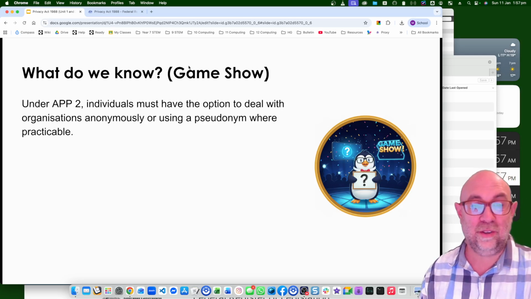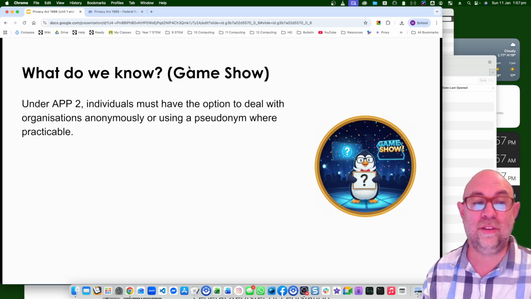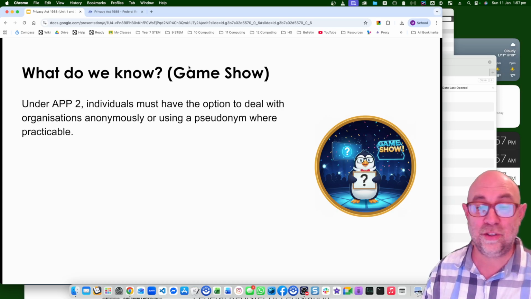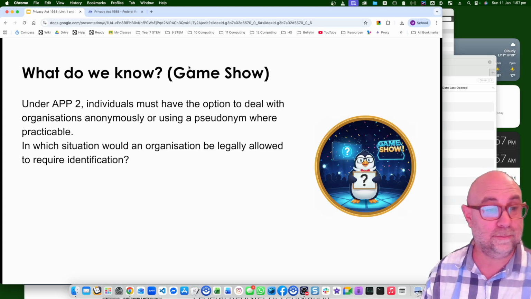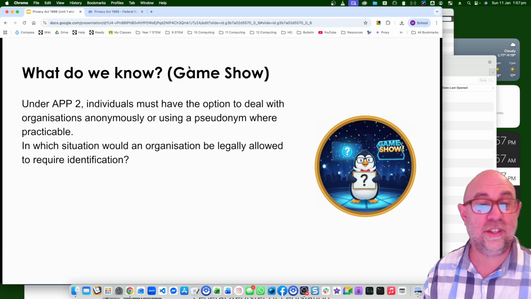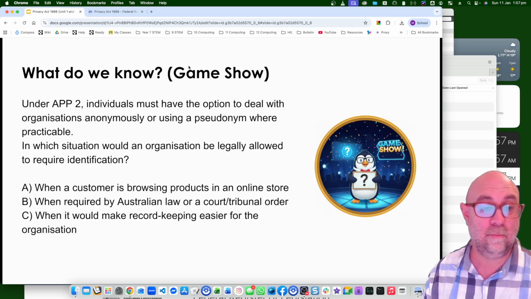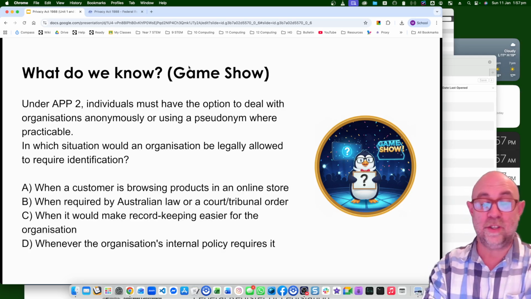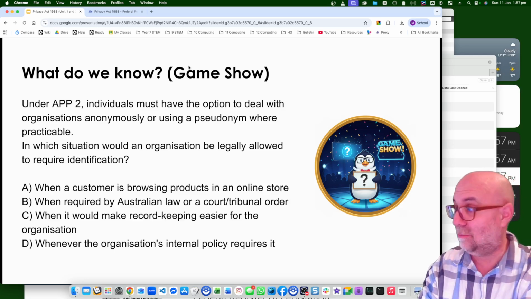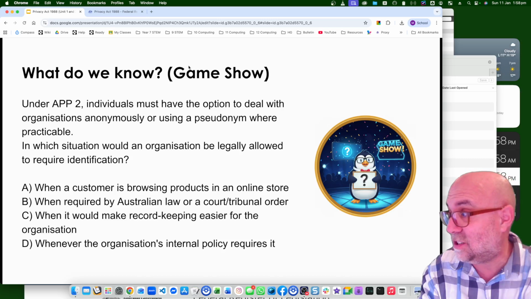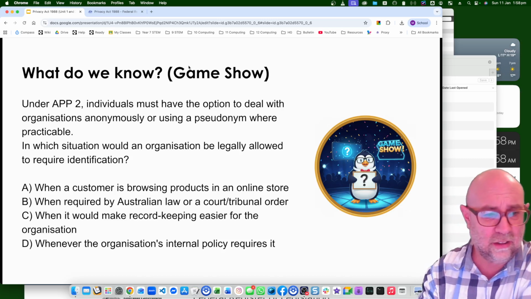Under APP 2, individuals must have the option to deal with organisations anonymously or with a pseudonym where practicable. In which situation would an organisation be legally allowed to require information? When the customer is browsing products in an online store? No, I've seen places do it, but it's not legal.